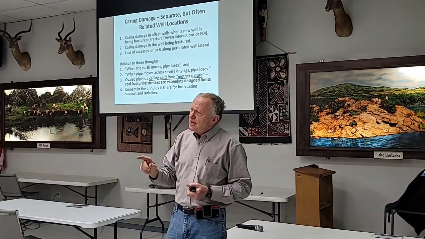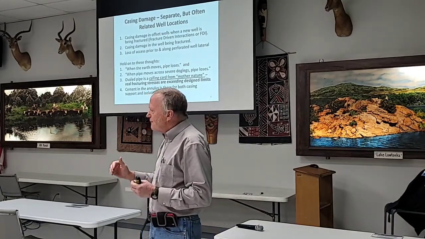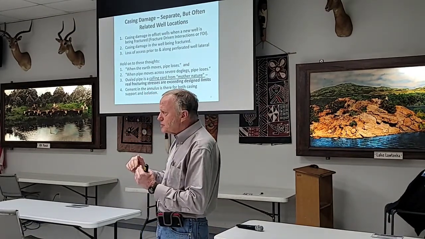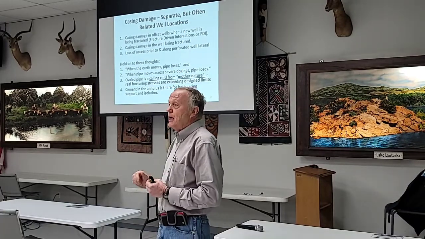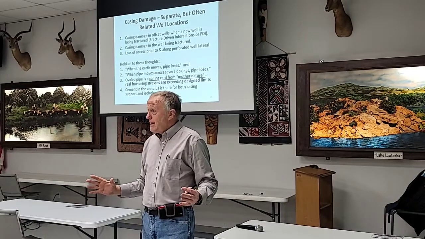And it's the geology. And this comes back to either you're activating a fault, and when that fault moves, there's one rule that we know here: if the earth moves, the pipe loses. That's just it.